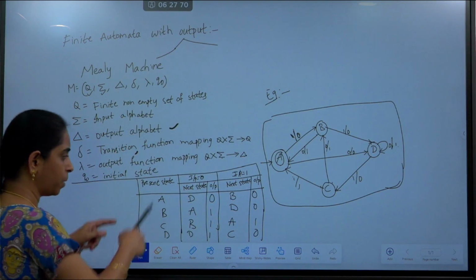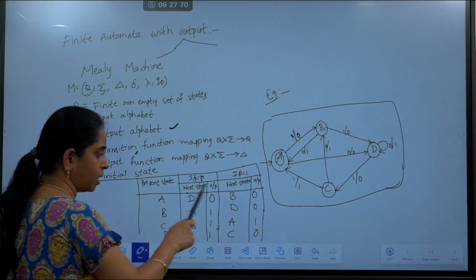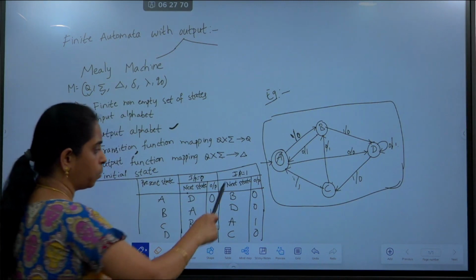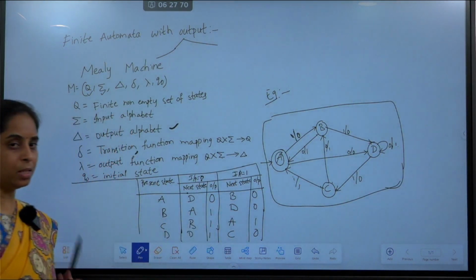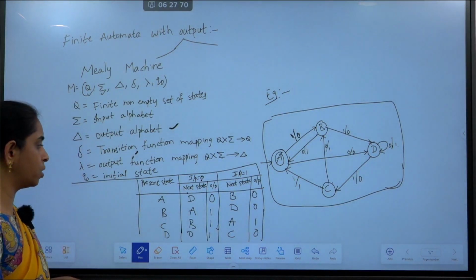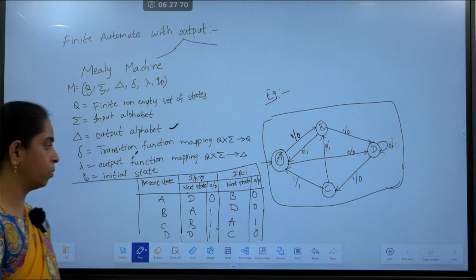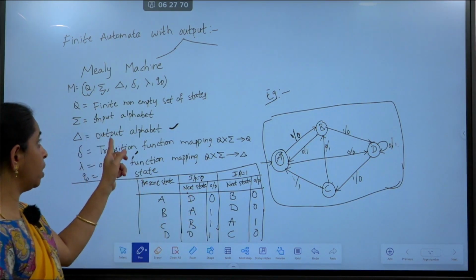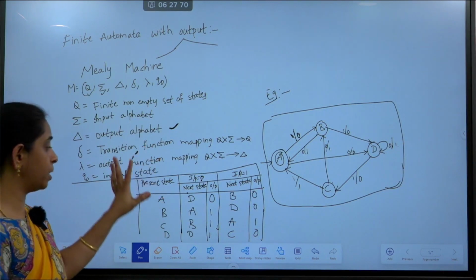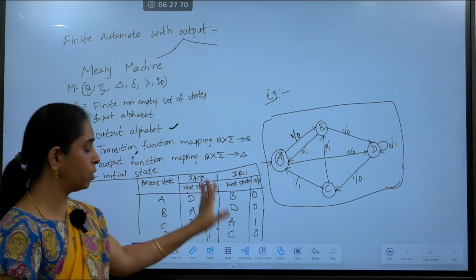Like that we have to make the transition table. First we write the present state. On input 0, we write the next state as well as the output. On input 1, we write the next state as well as the output. Whereas in the normal finite automata transition table we take the present state and the next state on input alphabets, here in the Mealy machine, the finite automata with output, we take the present state and the next state with outputs.